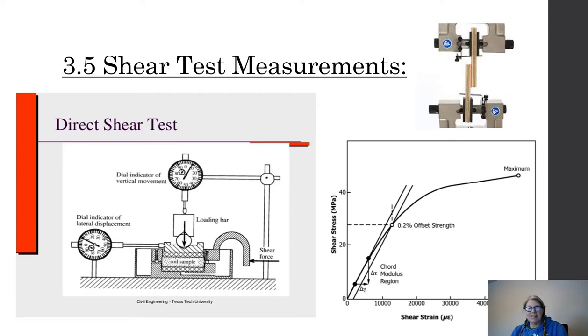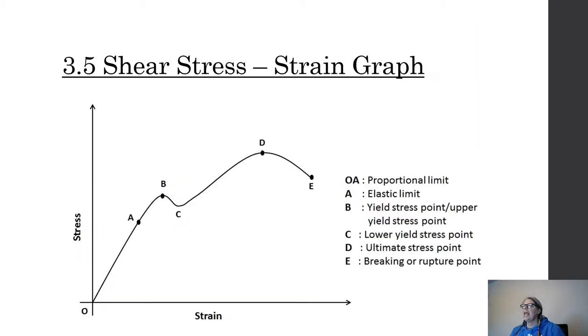Just like we did with the tensile testing, we're going to have that stress strain diagram, shear stress, shear strain, and we have very similar properties, okay? There's going to be that proportional limit where we have that nice elastic region, where as we load and unload, we are constantly returning to that original shape, okay? There's not a permanent deformation.